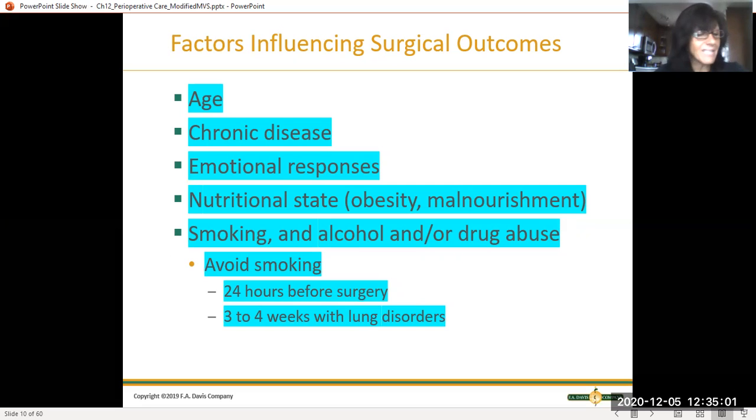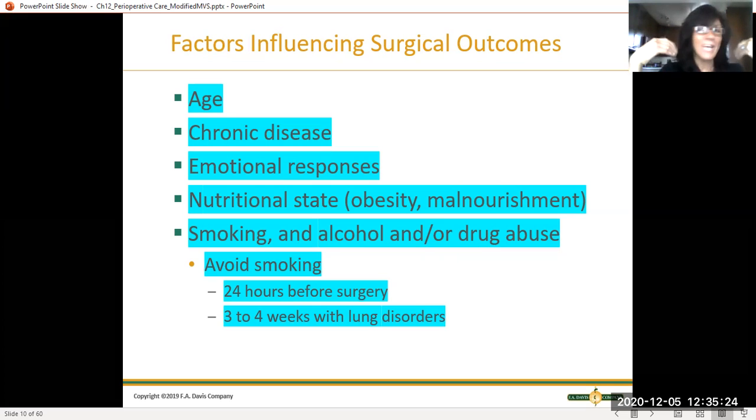Age, again, I say this all the time, who's fragile? The very old and the very young, right? They tend to be more fragile and a higher risk. Emotional responses or emotional states. Your psychological state of mind and your emotions can have a huge impact on how well you recover.